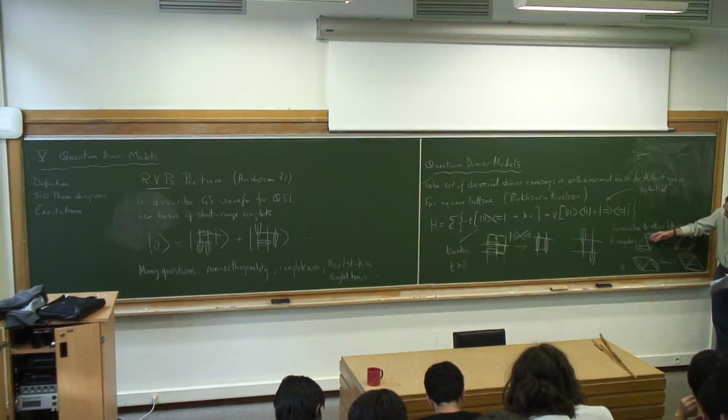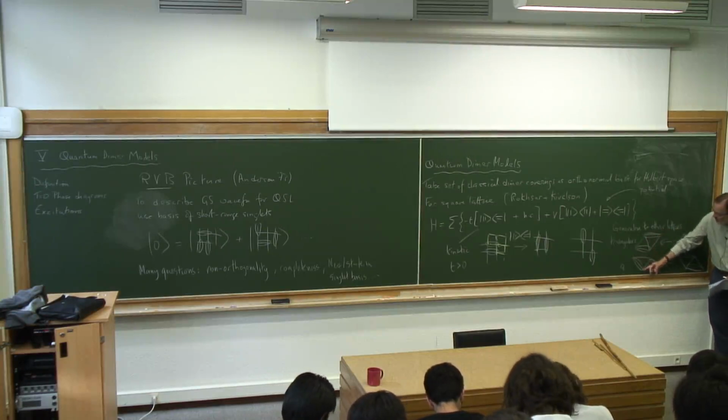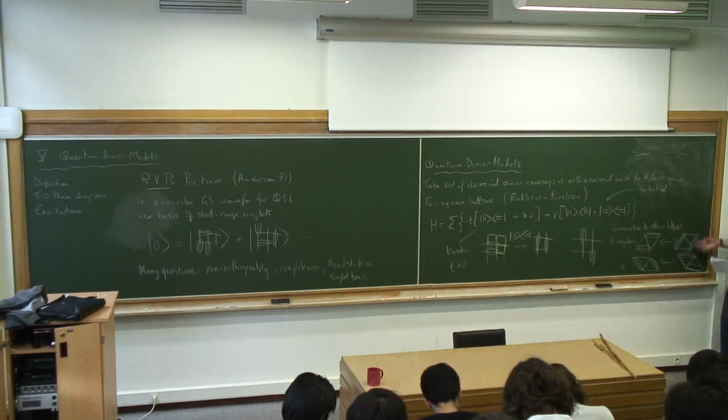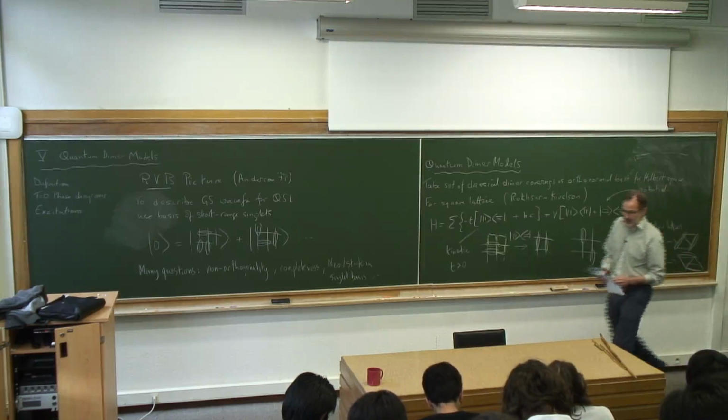I mean, this bond, for instance, would be the same as that bond, and then there's a third possibility which I won't bother to draw.